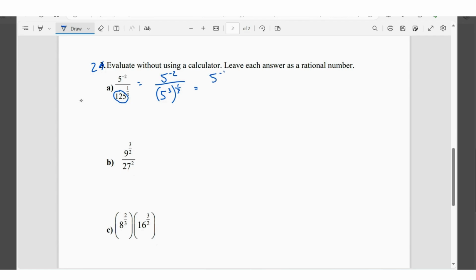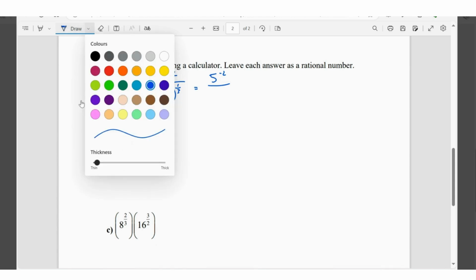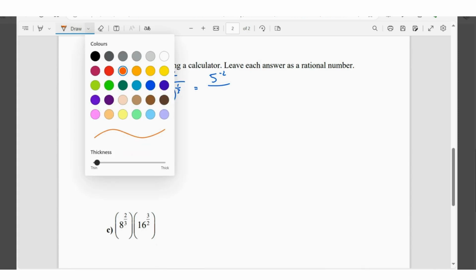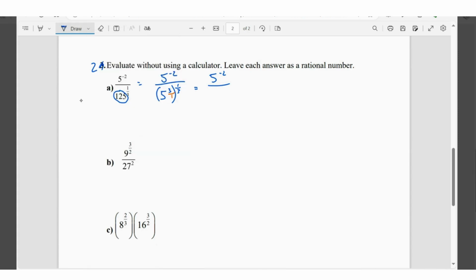So now we've got 5 to the negative 2 over, what's 3 times 1/3. Remember, there's like a little invisible over 1 there. And we're going 5 to the 3 over 3. I just did 3 times 1 and 1 times 3. So we got 5 to the negative 2 over 5 to the 1, since 3 divided by 3 is 1.